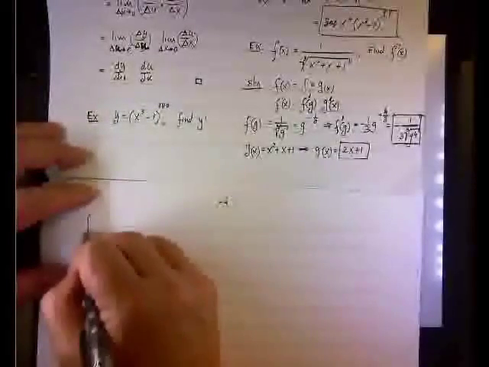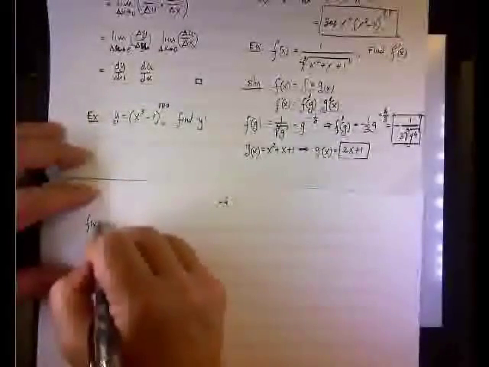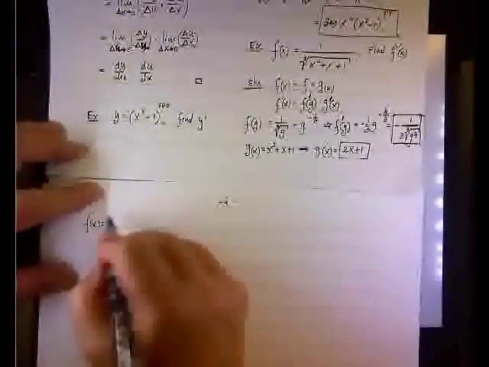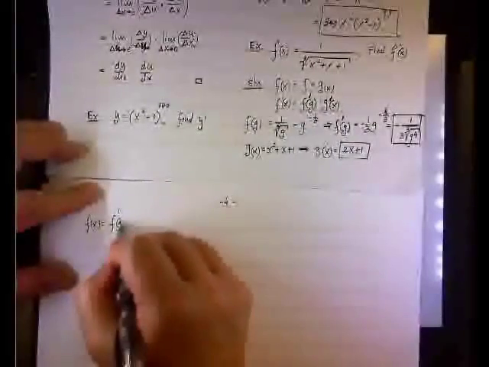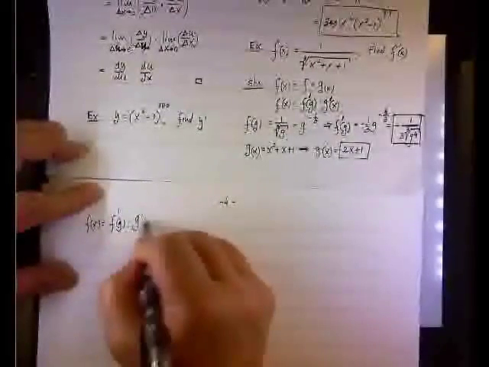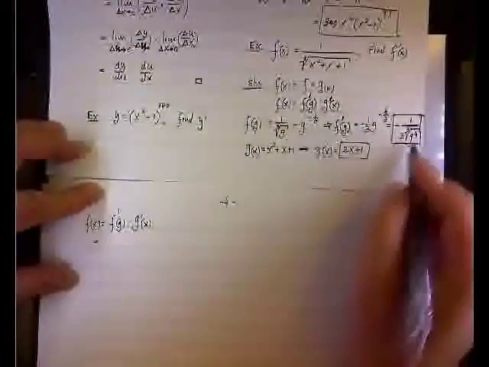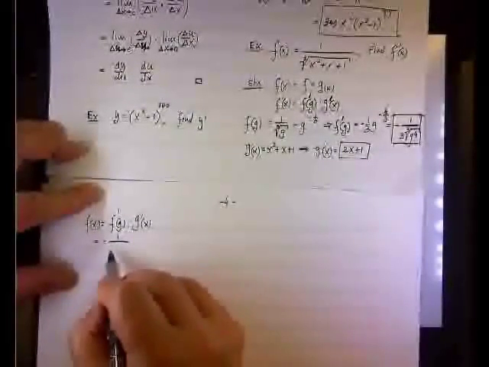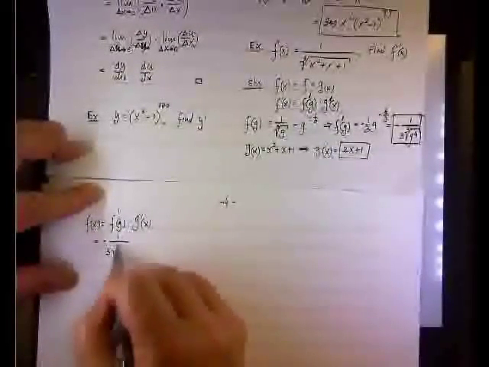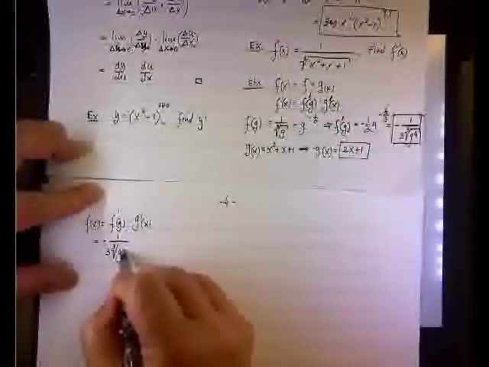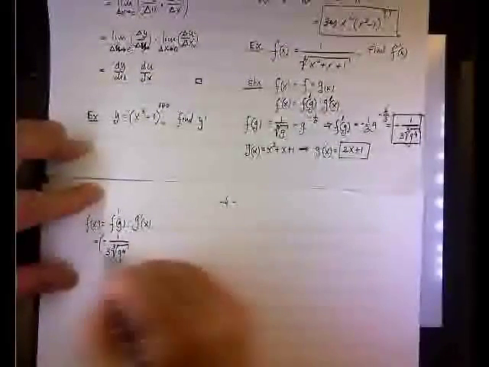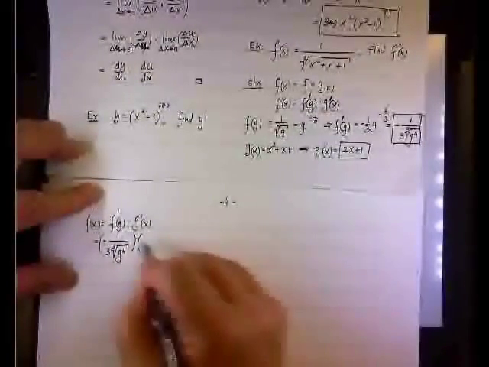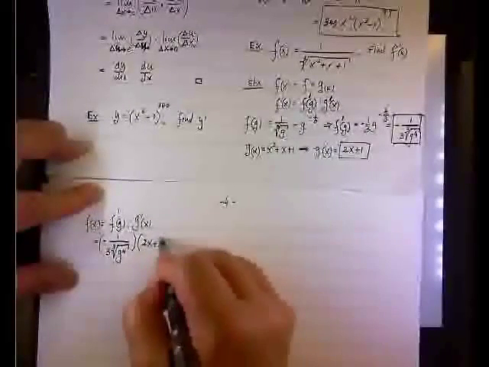So f prime of x, as written here, will be f prime of g times g prime of x. And now f prime of g is negative 1 over 3 cube root of g to the 4th, and g prime of x is 2x plus 1.